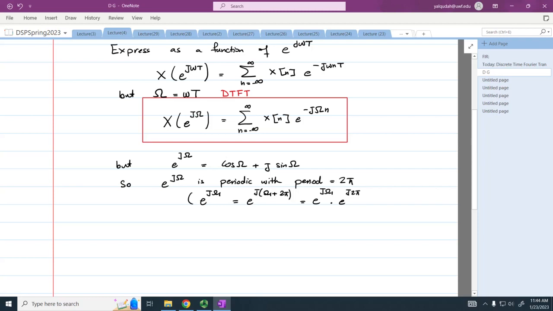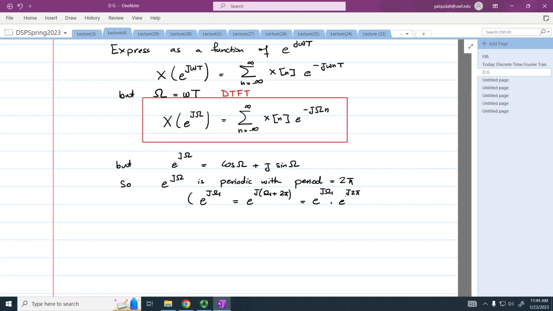What is e to j 2 pi equal to? 1. E to j 2 pi is going to equal cosine 2 pi, which is 1, plus j sine 2 pi, which is 0. This is equal to 1. So anytime I add 2 pi to any omega, I'm getting back the same omega. I'm getting back the exponent of e to j omega is going to equal e to j omega plus any integer multiple of 2 pi.